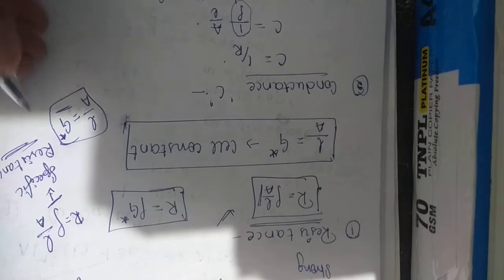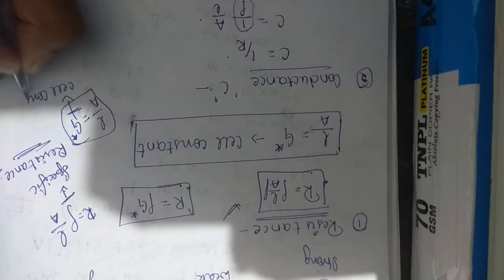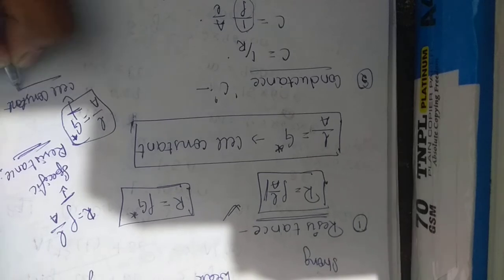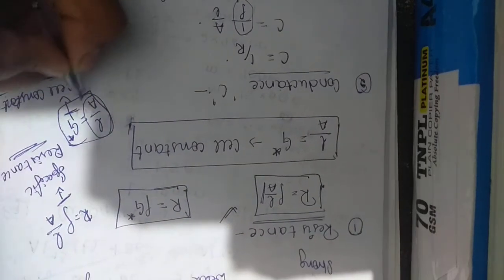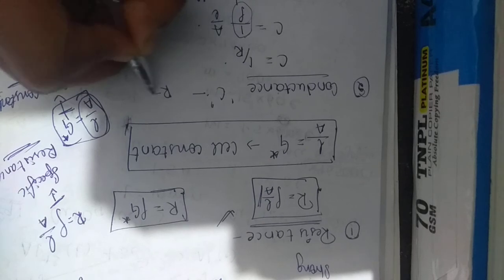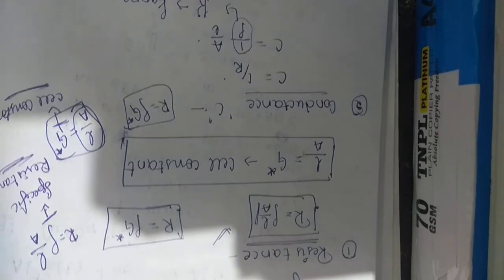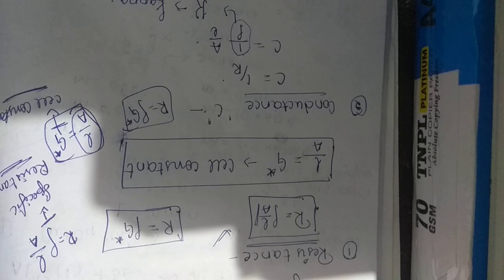G star is called the cell constant. Now we can write R as rho G star, right? Isn't it easy?